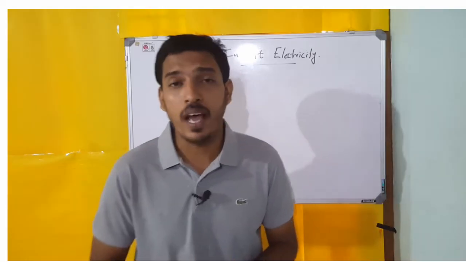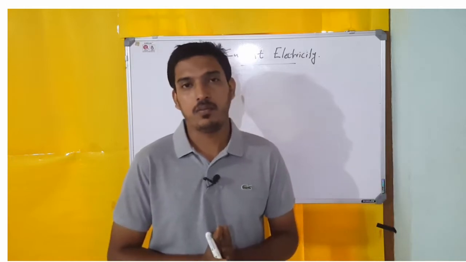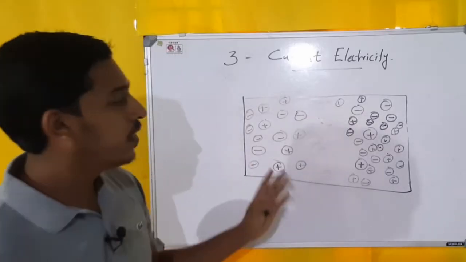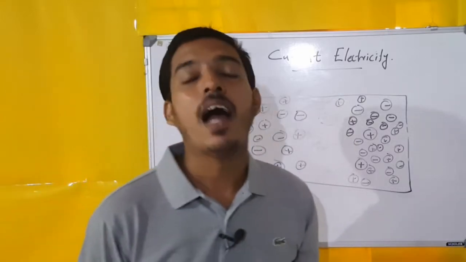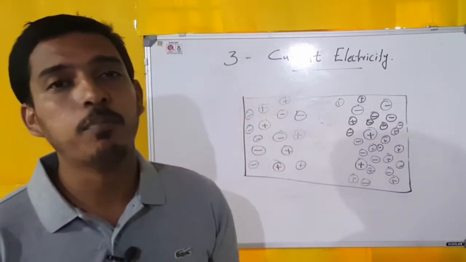Before coming to these facts, we want to know what an electric current is. Now, let's assume a closed surface which contains a large number of positive and negative charges, and these charges are in random motion.